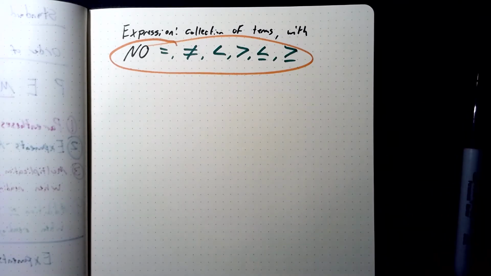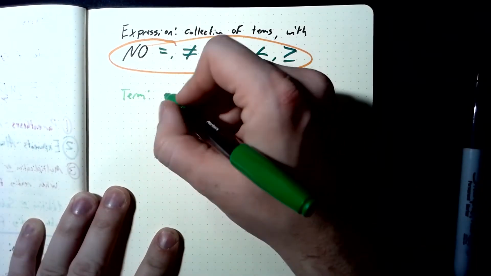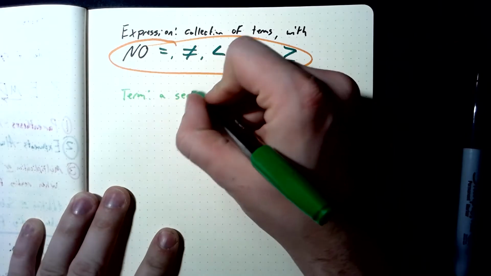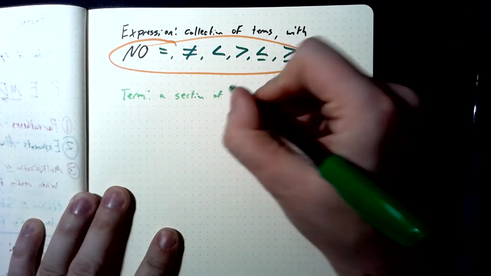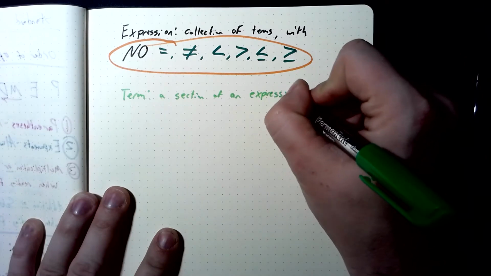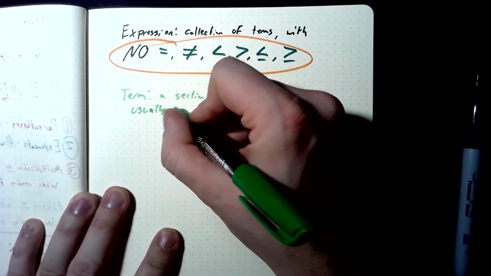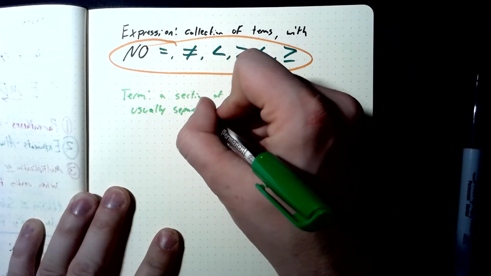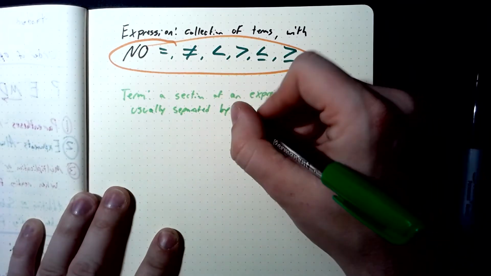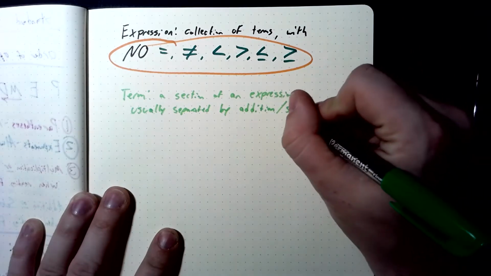Moving on from here, a term is a section of an expression usually separated by addition or subtraction.